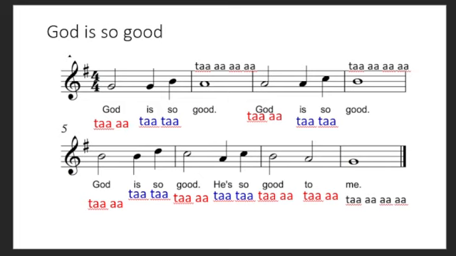Now, when you look at this song, God is so good, we want to sing: God is so good. God is so good. God is so good to me. Now, that's the song. Sorry. The French rhythm.